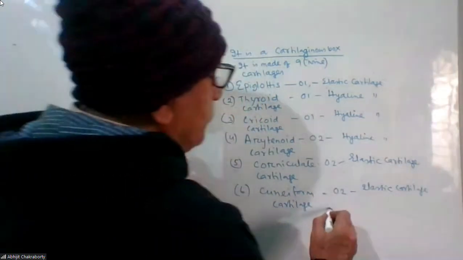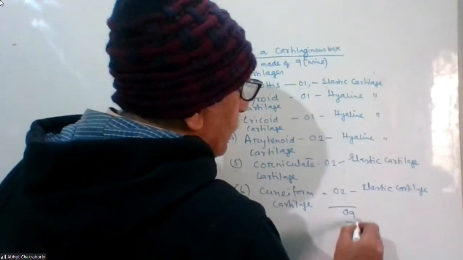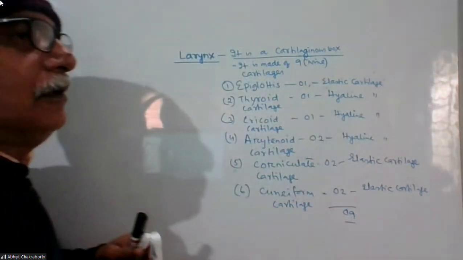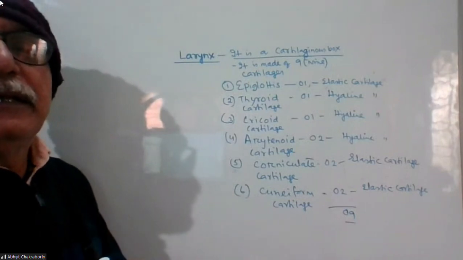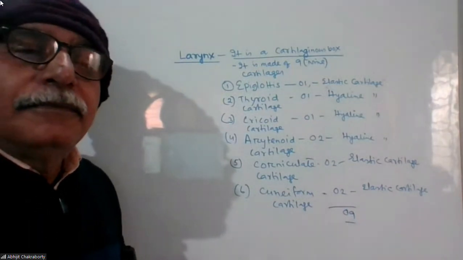So total nine. Three are even cartilages and three are uneven cartilages. Clear?